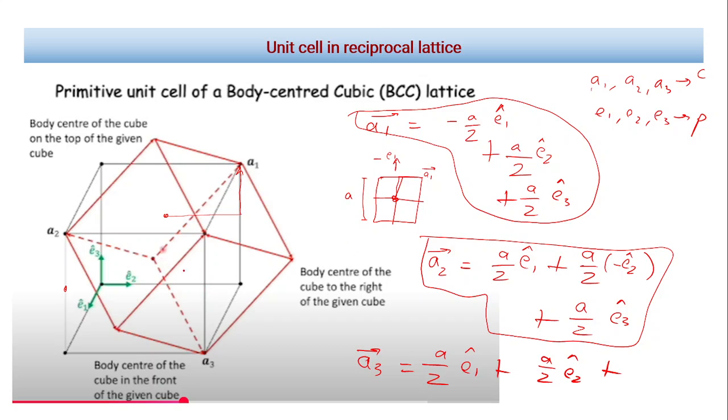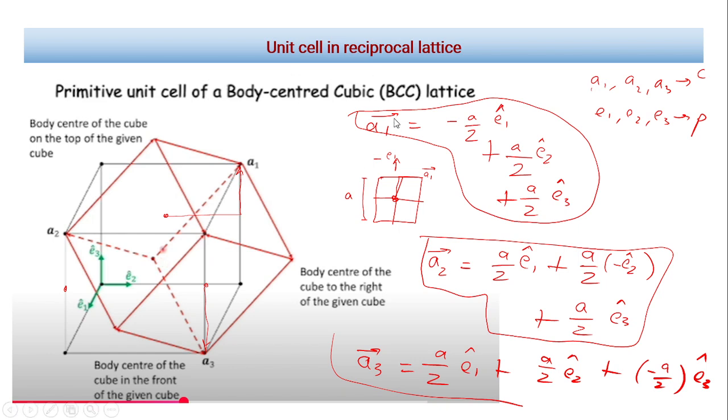Right now it has reached here, it needs to go down to reach a3, means minus a by 2 down, parallel to e3. So this is the third relation. This is how a primitive lattice vector can be defined in real space for body-centered cubic lattice. I hope how we got this is clear now.